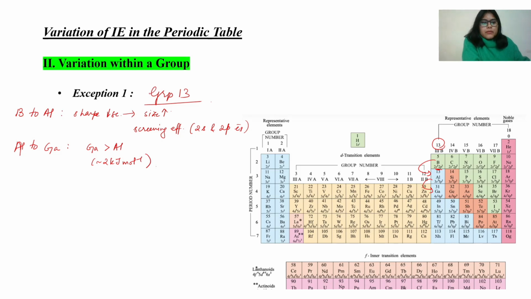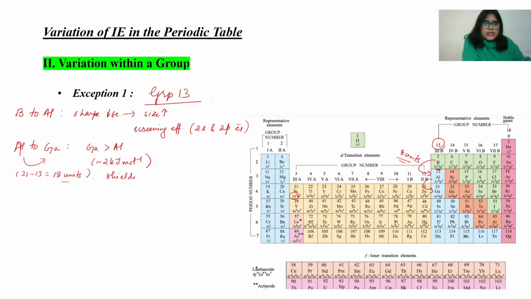Because as we move from aluminium to gallium, the increase in nuclear charge is 31 minus 13, that is 18 units. Whereas in the case of boron to aluminium it was just 8 units, right? Here it is now 18 units. But compared to that, the shielding of 3d electrons is poor.